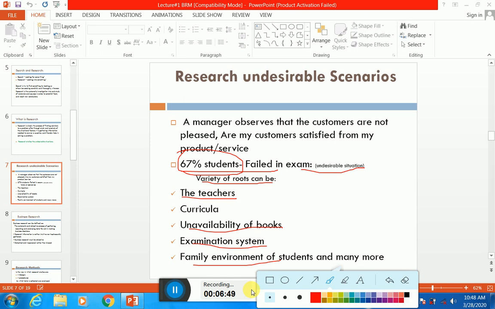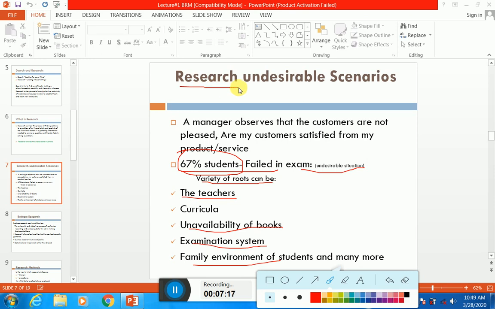Now in such an undesirable situation, we need to explore what the different reasons are that can create it. So when we want to solve an undesirable and unfavorable condition, we need further investigation. This process of further investigation is simply known as your research process.